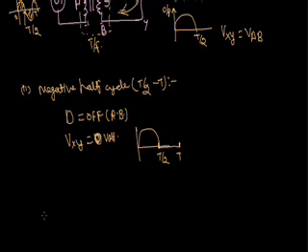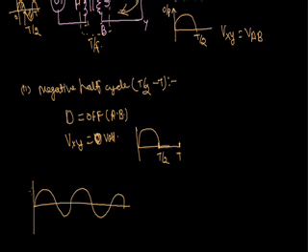So finally, what do we get? If we have this input voltage waveform, with Vm and minus Vm, this is our input waveform.